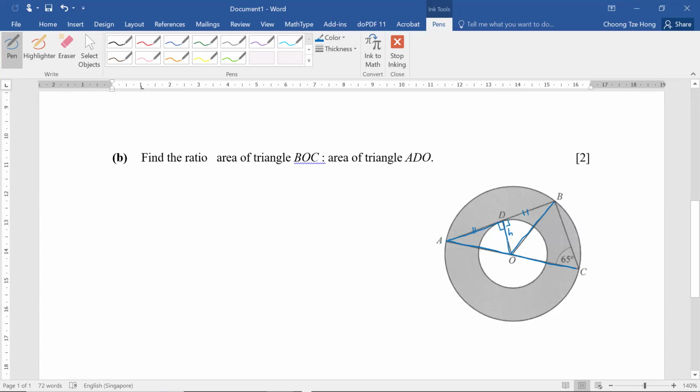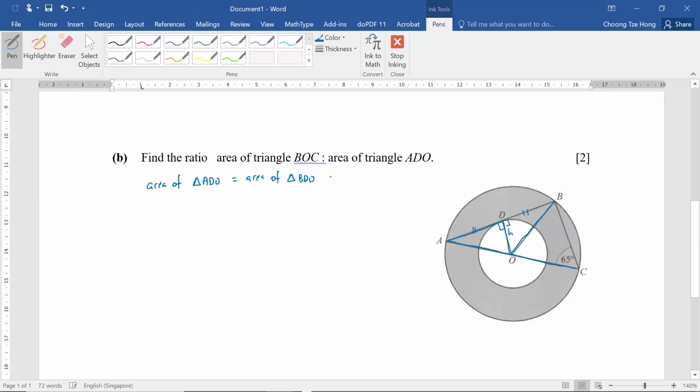All right, so let's write this down first, and then we see how we can relate it to whatever they want us to find. In the end, they want us to solve for the ratio of area of triangle BOC to area of triangle ADO. So now we have identified that area of triangle ADO equals area of triangle BDO.